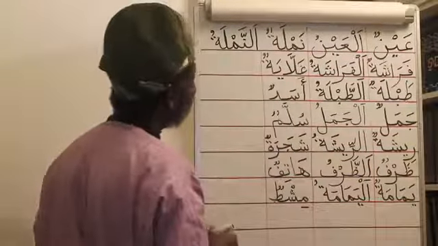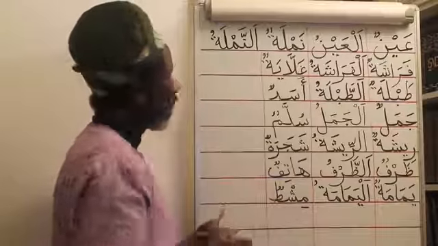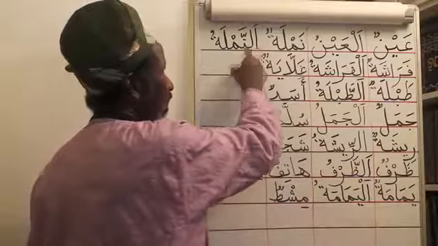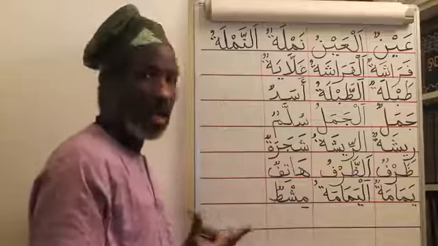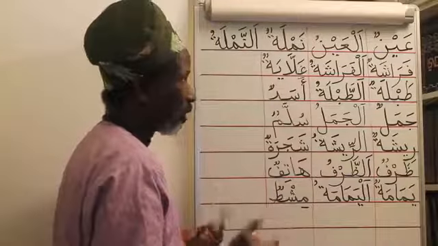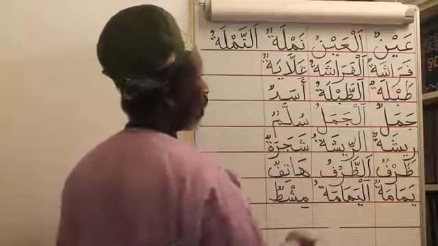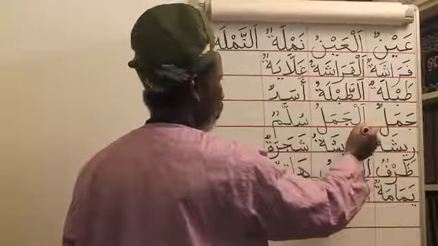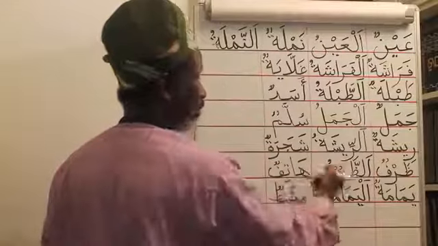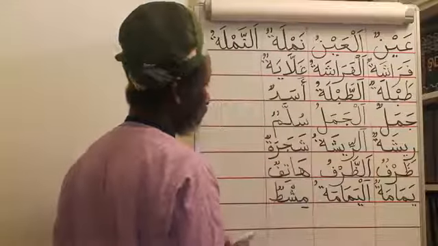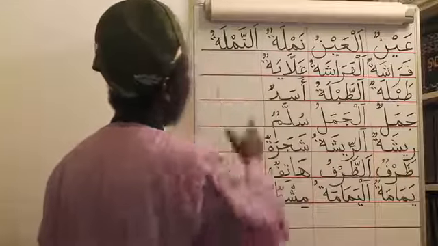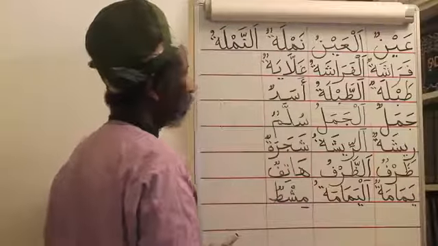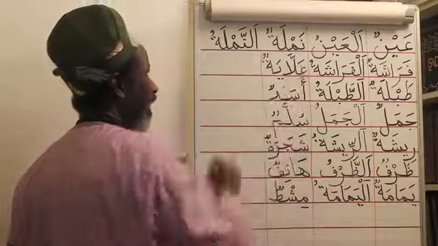You notice that all the sun letters, when they come after the lam of "Al", we put a shadda on them. Such as your Rishatun becomes Ar-Rishatu, and Ad-Dharfu, An-Namlatu.